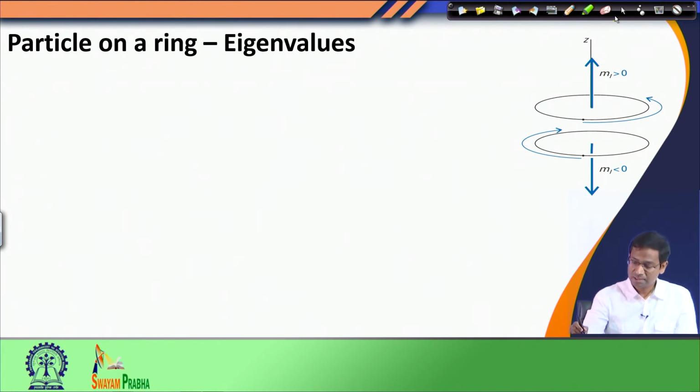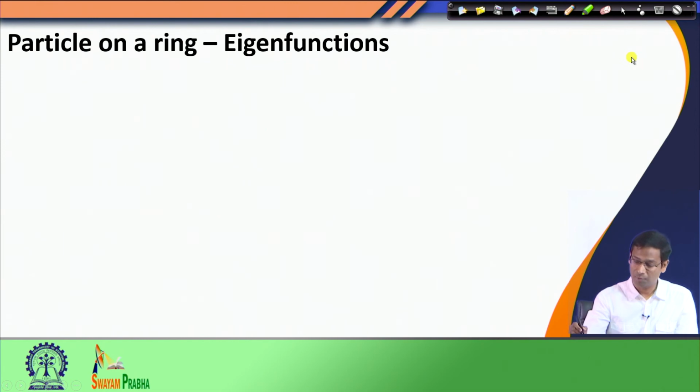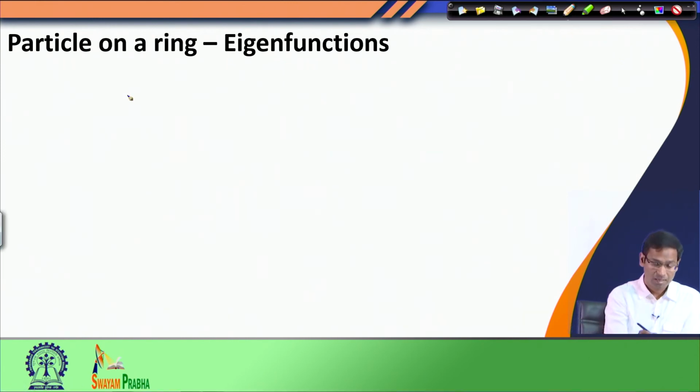We will now discuss the eigenfunctions of the system. The eigenfunctions that we obtain are e to the power i m phi, where phi goes from 0 to 2 pi when the particle makes a complete revolution. But this function is not normalized yet.